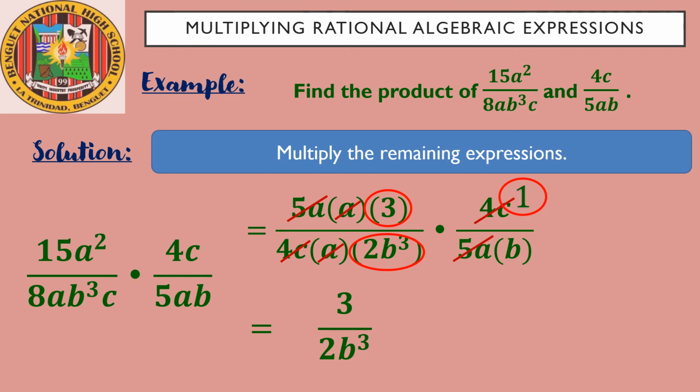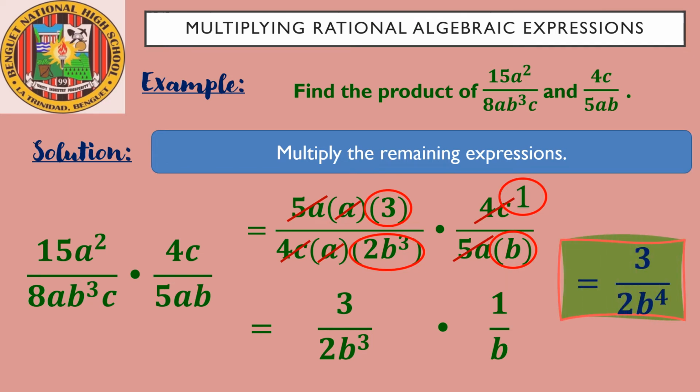For the denominator, after canceling out 5a, what remains is b. Thus, the second RAE remaining is 1 over b. If we multiply 3 over 2b cubed and 1 over b, the final product will be 3 over 2b raised to 4.